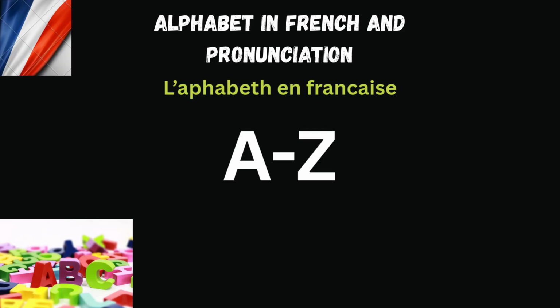Just like in English, A is for apple. In French, A stands for avion. So we're going to look at what each letter stands for in the French language. Are you ready?